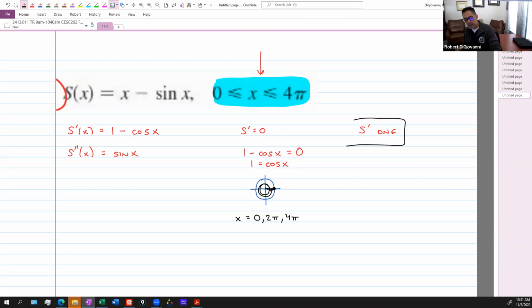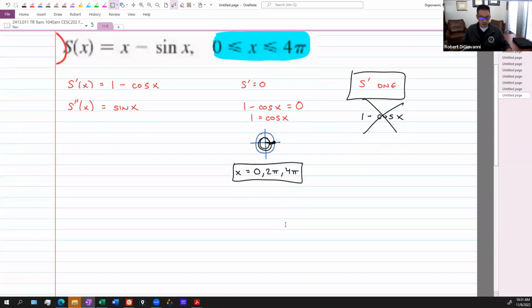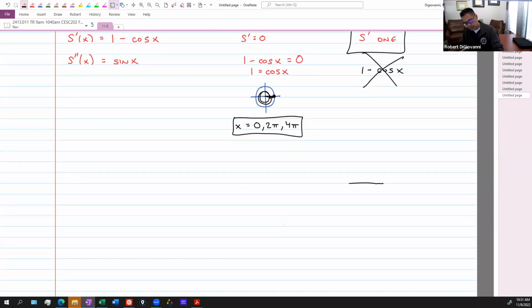How about where the derivative doesn't exist? 1 minus cosine x. Cosine is defined everywhere. So there's no problems here. So we only have these critical numbers. Now draw a number line: 0, 2 pi, 4 pi.